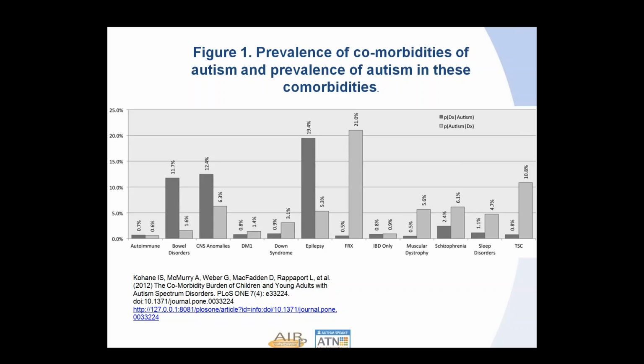The next column also, we see in children with central nervous system anomalies, a little over 12% of people with autism have these problems. If we look the other way around at people who have CNS anomalies, about 6% have autism.